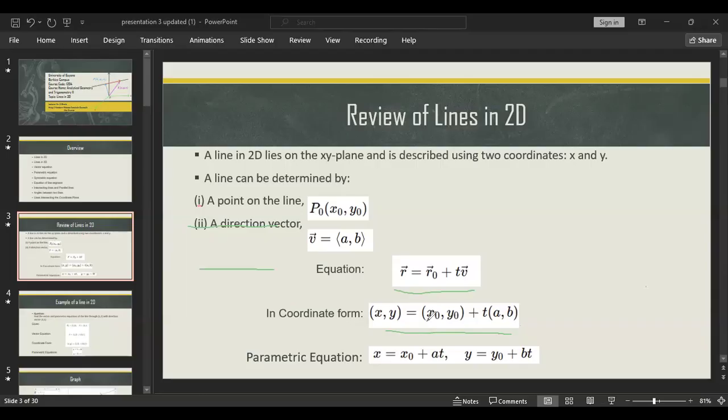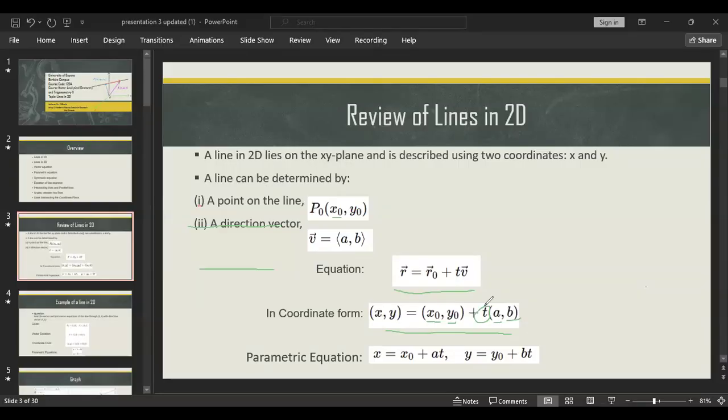So basically, you're using back the coordinates from the point along with the vector. Where t is a parameter. T basically tells you where you are on the line.